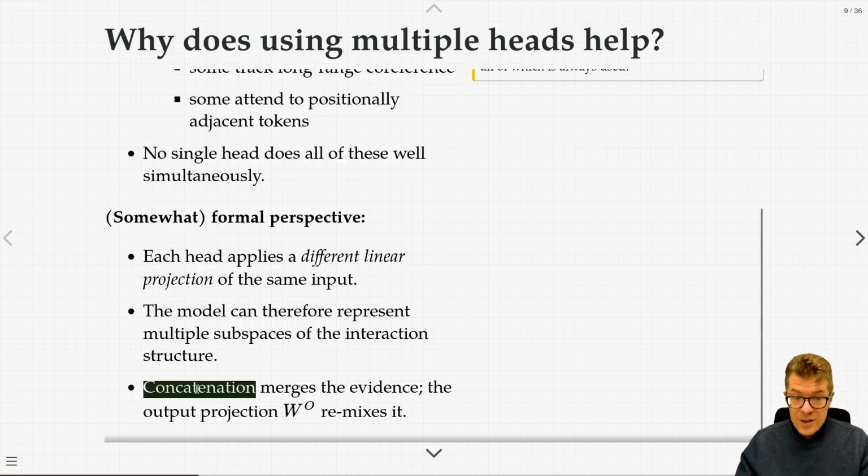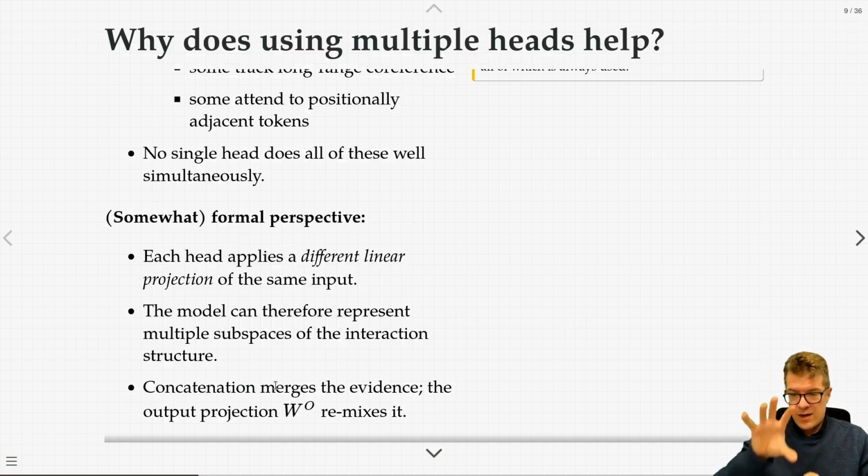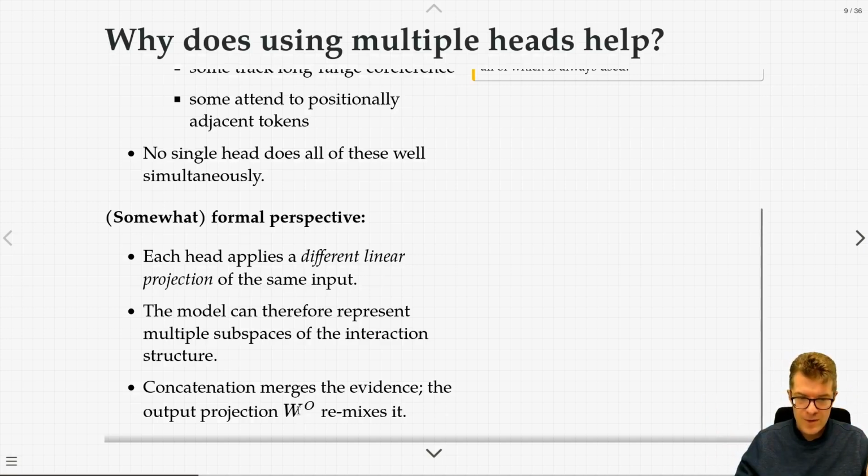So concatenation will merge everything. We're not even summing together, we're literally concatenating the evidence together, and then we can apply this other weight matrix W^O to remix everything. So this is more important than that, or this is how you combine coreference with phrase structure. But they're still separate pieces of information that we're not averaging out through a single linear transformation.